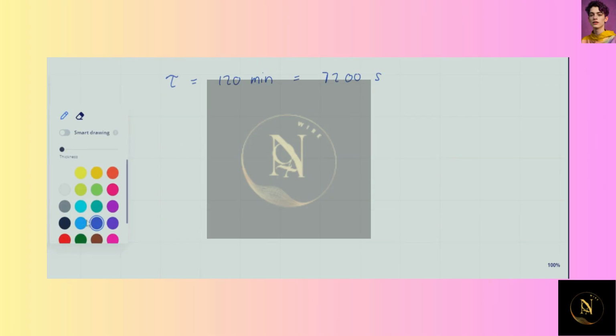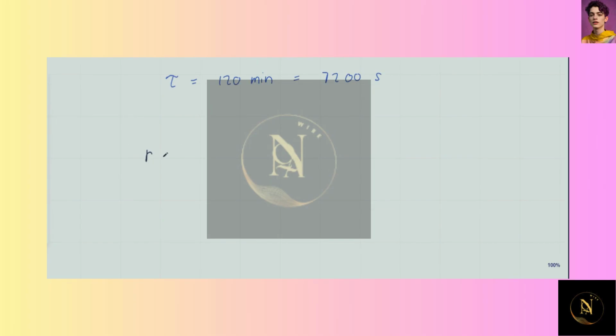So if we substitute our data into our equation above, we can find r, the radius of the orbit of the satellite. So this is the cube root of 14.077 times 10 to the 15, multiplied by tau, which is 7,200 seconds, all squared, over 4 pi squared.